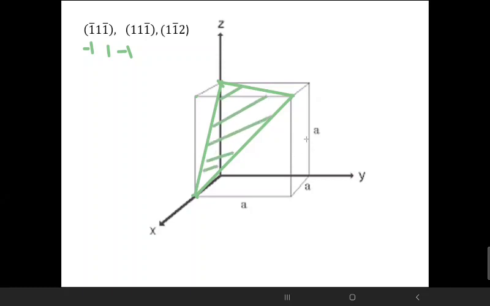Do you understand what I am saying? Here there are two minus signs, so you have to select a suitable origin. This is plus x, this is minus x, this is plus y, and this is plus z, so the opposite is minus z.